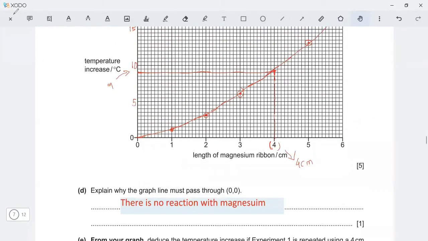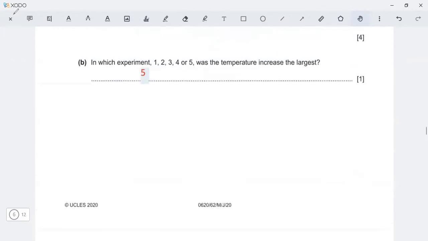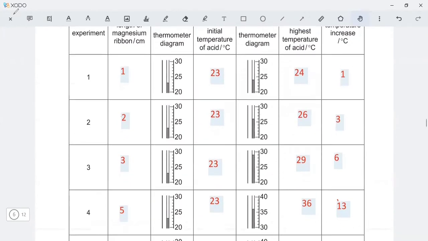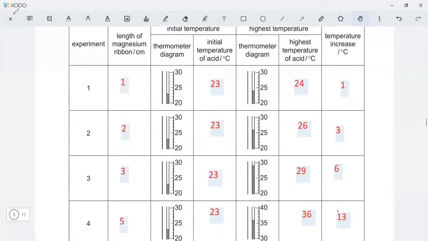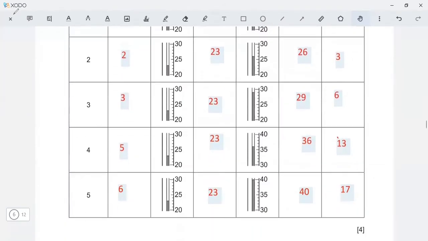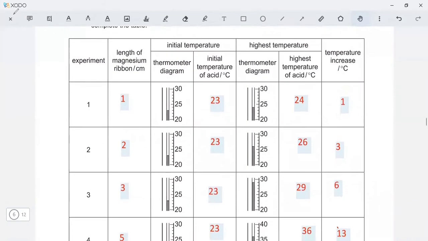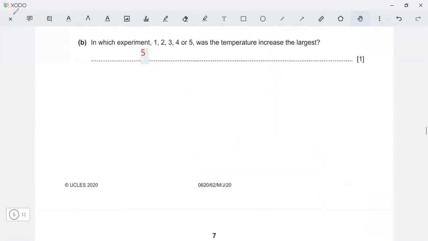So, make sure that this graph is done based on this information, the table: the length of magnesium ribbon in centimeters, 1, 2, 3, 5, 6, with the increase of temperature. The first experiment temperature increase was 1, second 3, third 6, then 13 and 17.